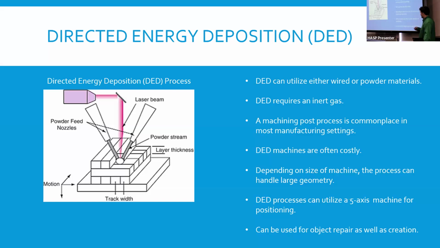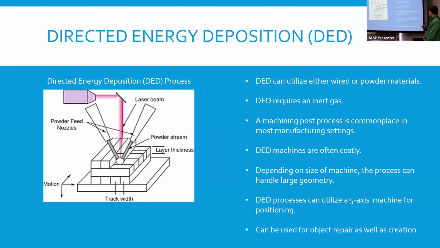So you're going to have to use some subtractive manufacturing on this. They're often costly, usually because of the size of the machine. So these machines are huge. They're used by aerospace companies or military grade companies to create PV parts, production value parts.